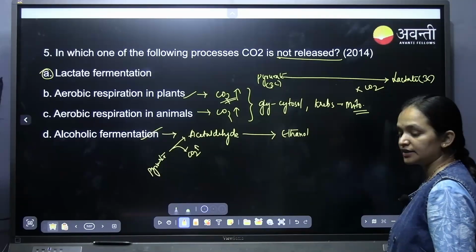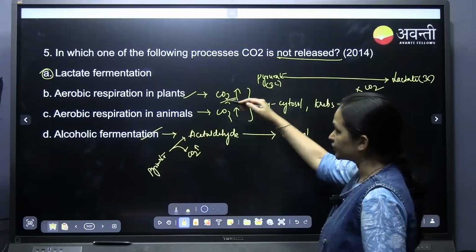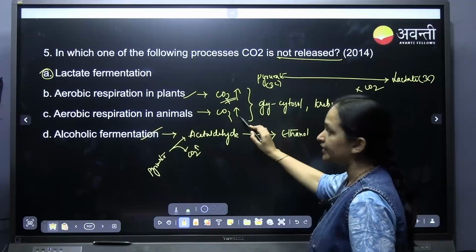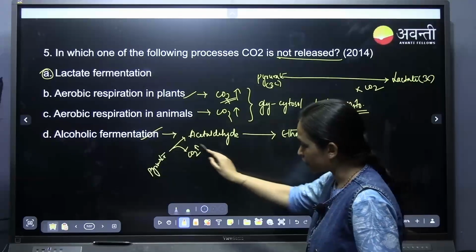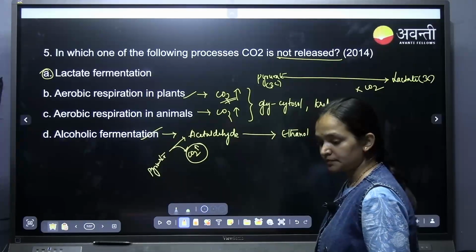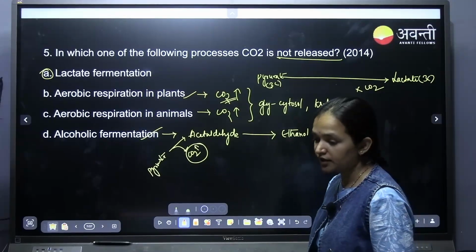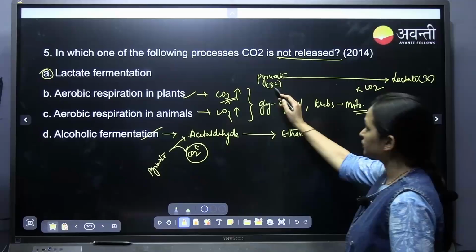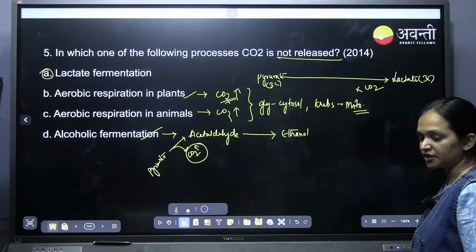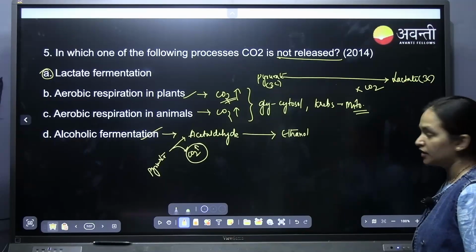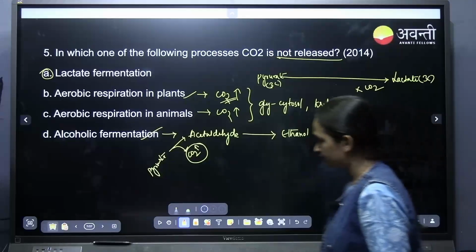So in both, carbon dioxide will be released in aerobic respiration, and in alcohol fermentation carbon dioxide is also released, and only in lactic acid fermentation carbon dioxide is not released, because pyruvate is 3 carbon and lactate is also 3 carbon. Where is carbon dioxide or any carbon released from here? Nowhere, right? Lactic acid fermentation.